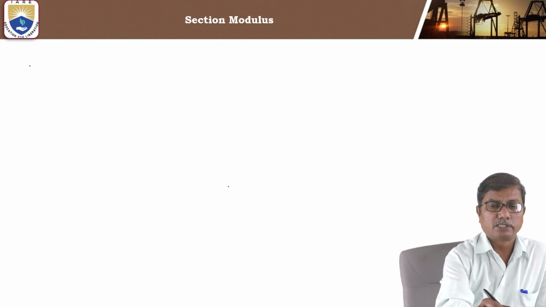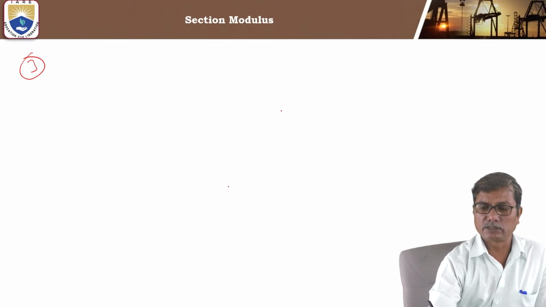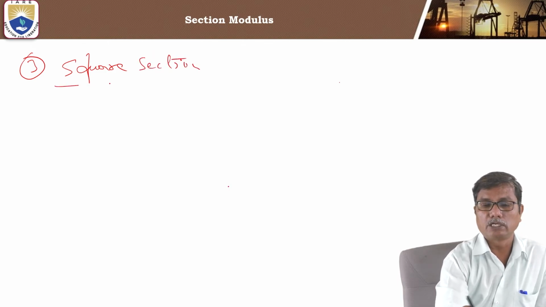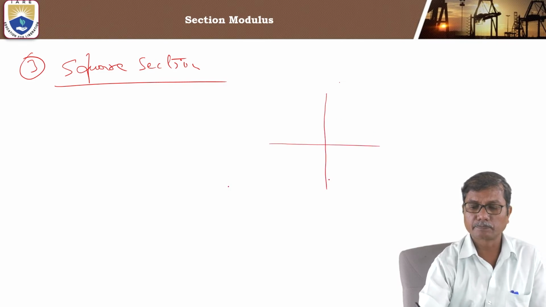Now let us consider the third example: a square cross section with its diagonal horizontal.